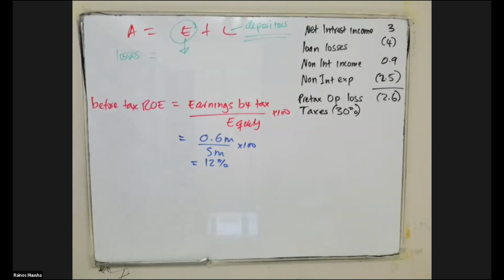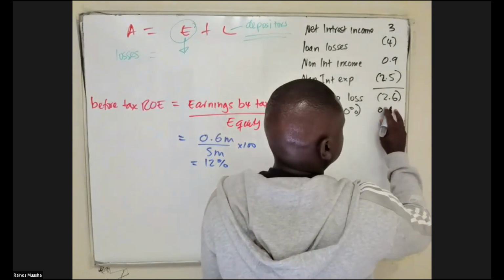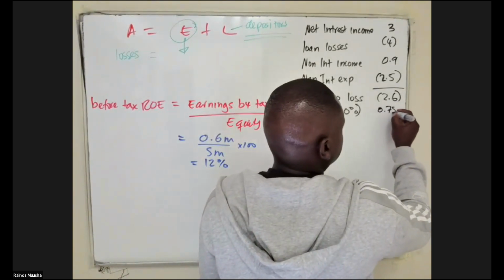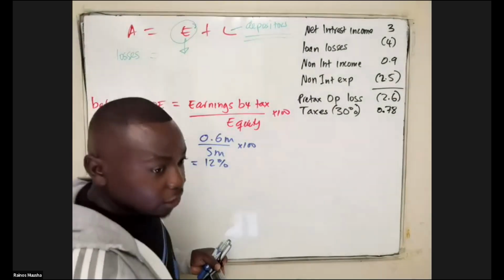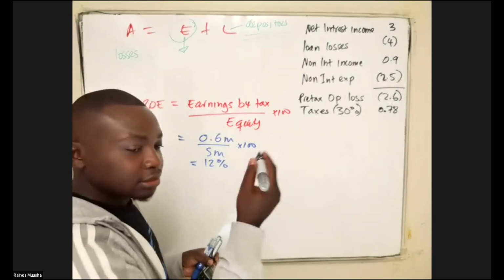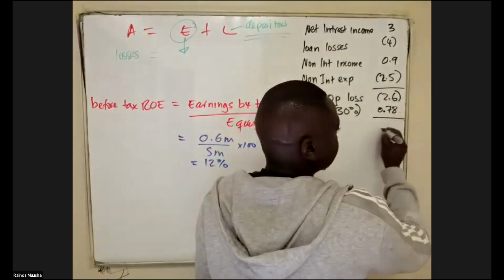It will be 0.78, isn't it? When you suffer a loss, SARS reimburses you for that, isn't it? So we have a tax benefit in this case.